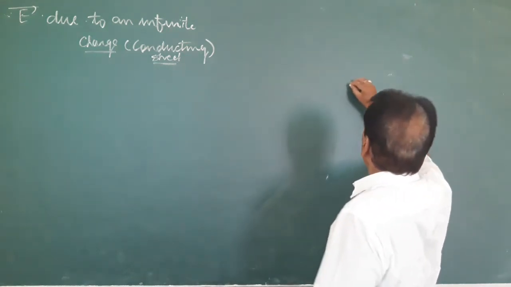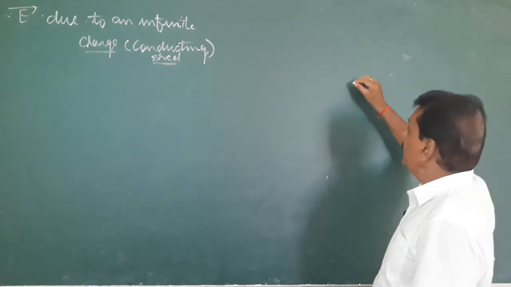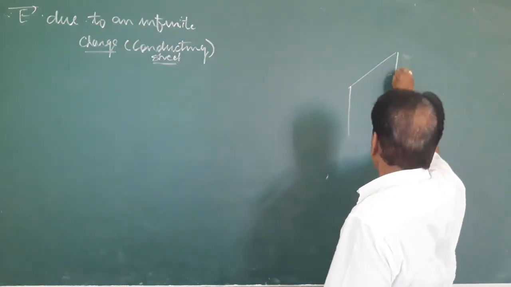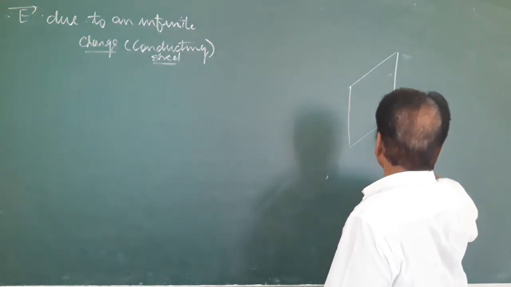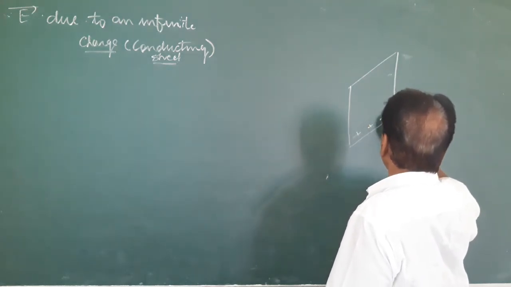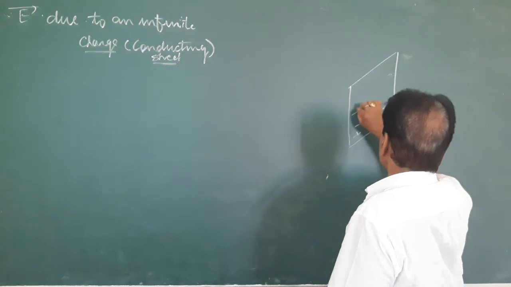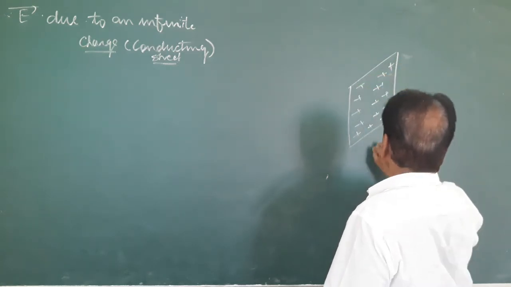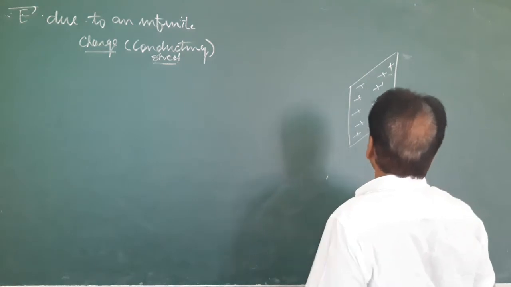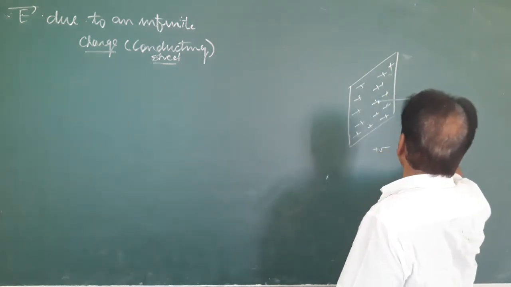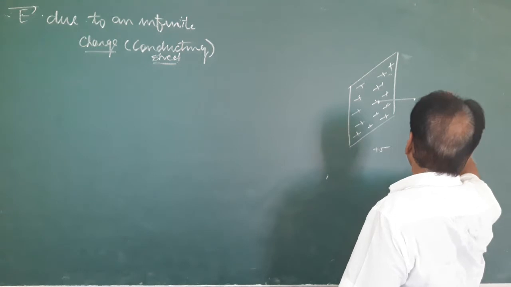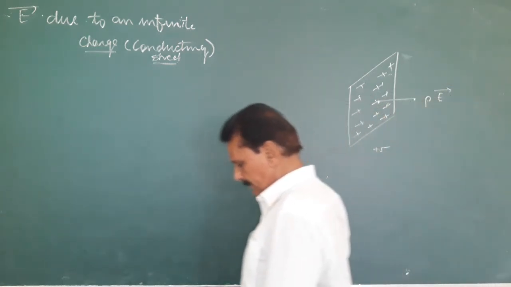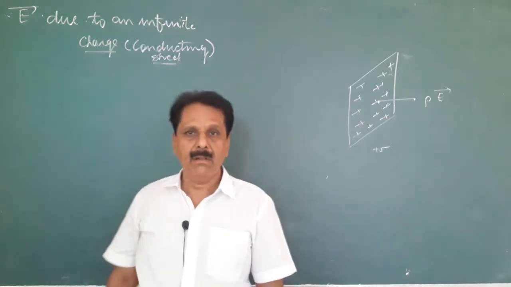Now, first we will draw the diagram. This is an infinite charge sheet which is charged with surface charge density sigma, that is plus sigma. We are to find the electric field intensity at point P, which is perpendicular to the surface.